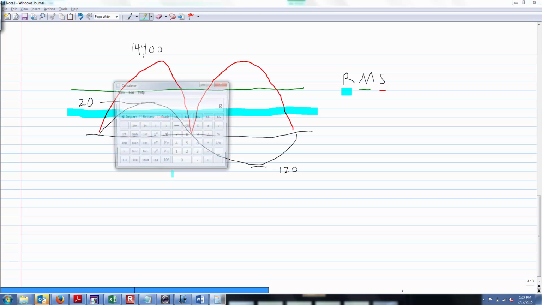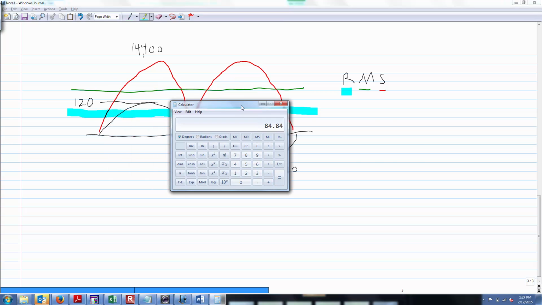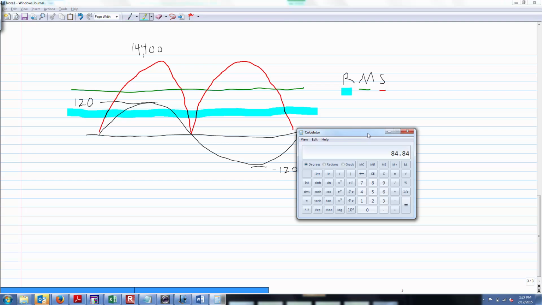So if we just take 120 times 0.707 equals, it seems a little low, 84.4. I think that's what it is, though. Yeah. Peak value, 0.707.